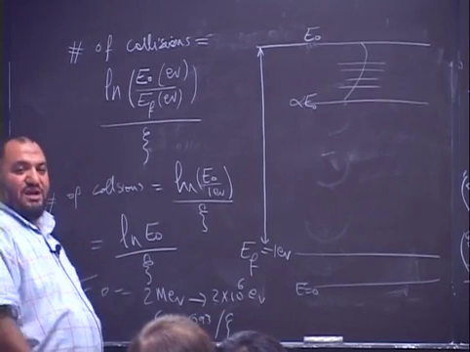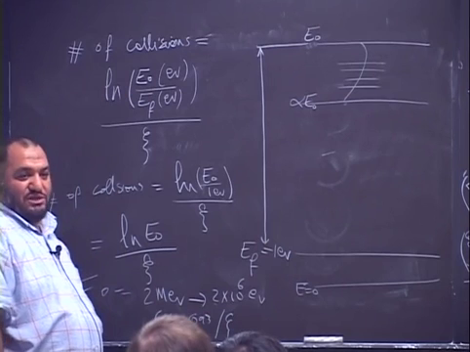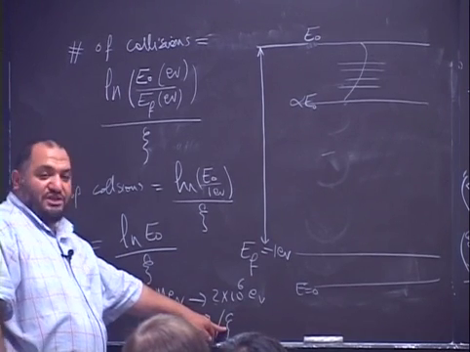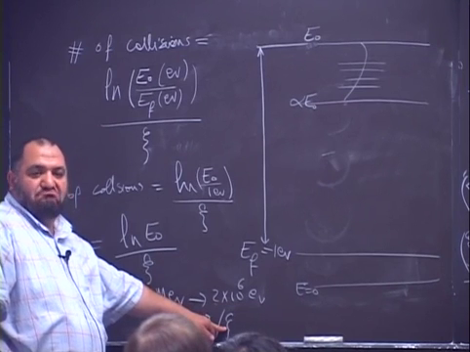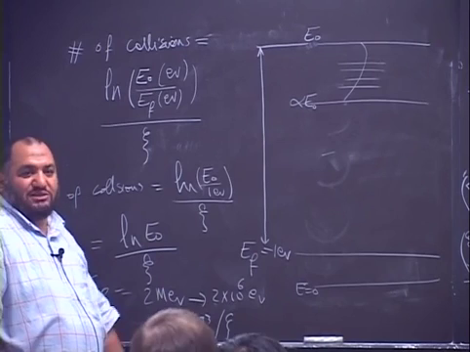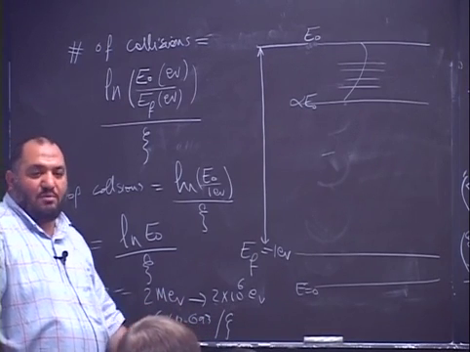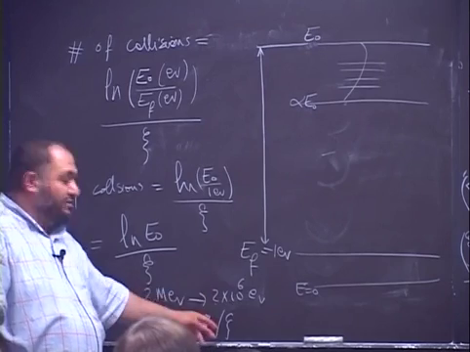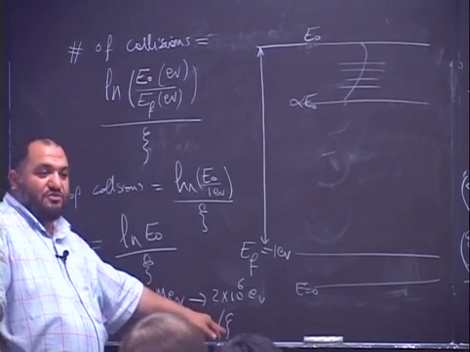And this will give me how many collisions you need. So you have to fetch in the table what's Xe for, let's say, hydrogen, what's Xe for uranium, what's Xe for copper or carbon, what's Xe for helium. For every moderator, there is an average logarithmic energy loss.